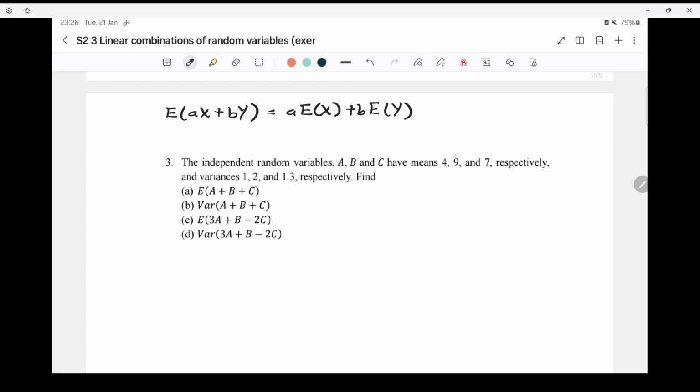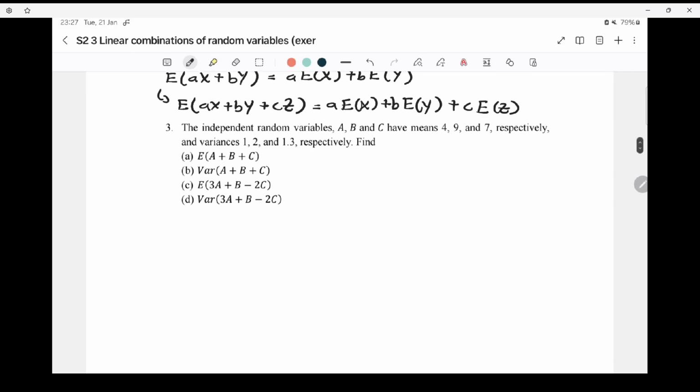So this also means that basically speaking, you can expand, and the rules follow. Similarly for the variance part, you just expand accordingly.